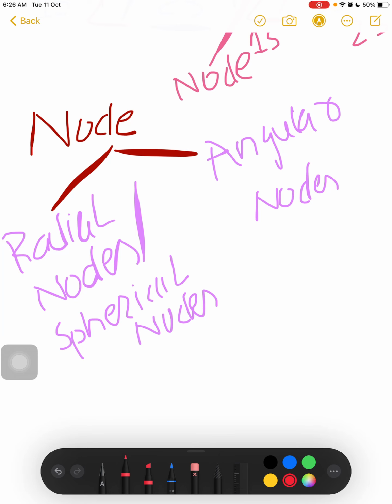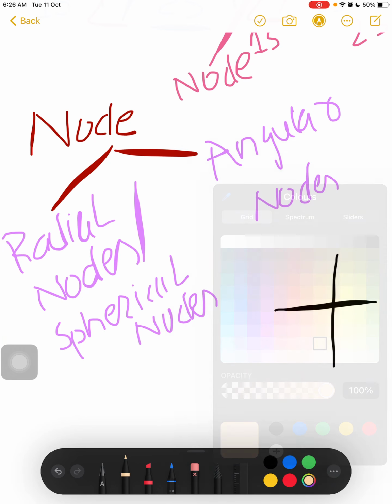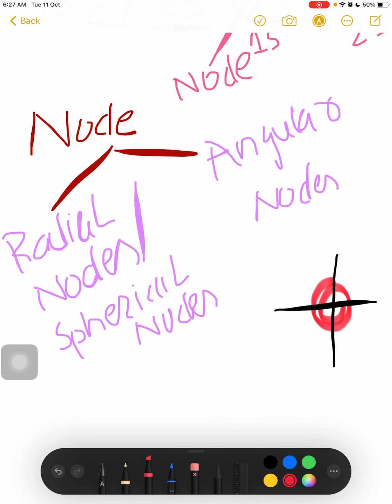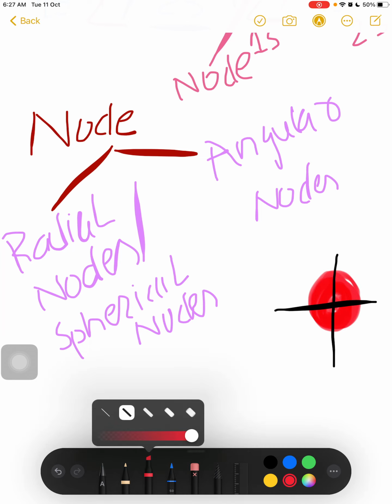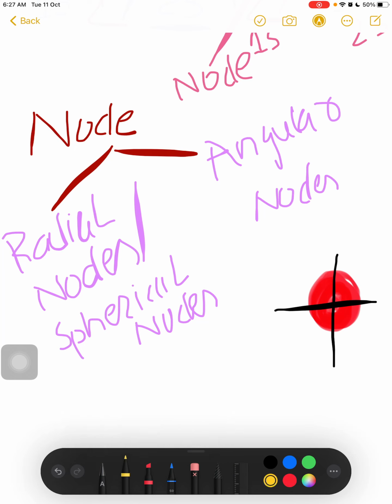So in the s orbital, for example, this is s, right? It is equal in all directions, okay? So here you will only find the spherical node, but you won't find the angular nodes over here.